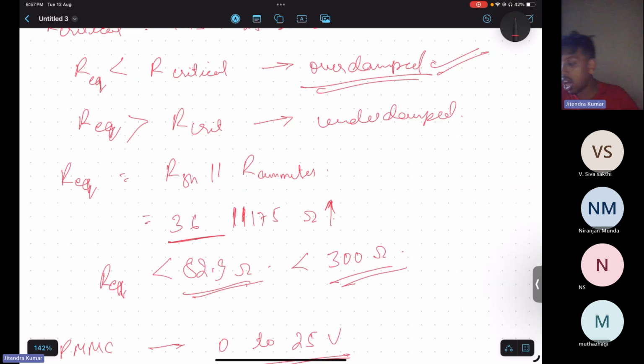So no matter how much you increase, basically you can increase shunt resistance only because emitter resistance is fixed. If you increase 36 or 175, the equivalent resistance will be lower than the least resistance, so that should be less than 36 ohm. So it will never cross the limit.